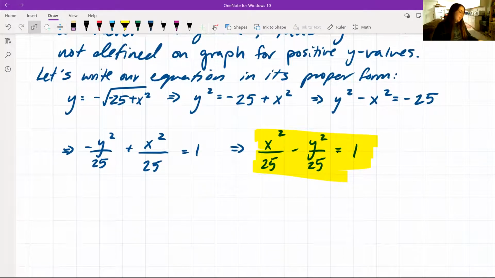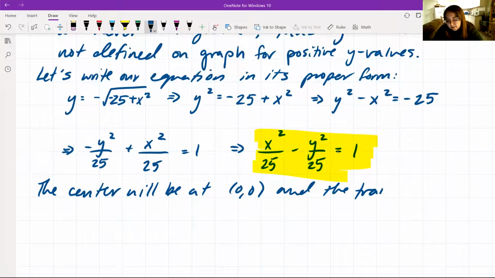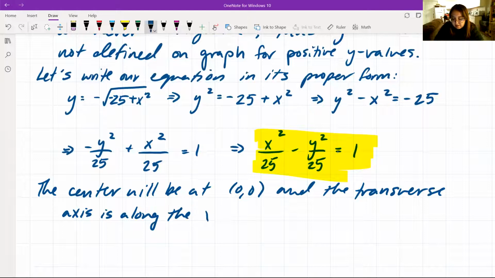And so since we have this equation, we can determine that the center will be at 0, 0, and the transverse axis is along the x-axis.